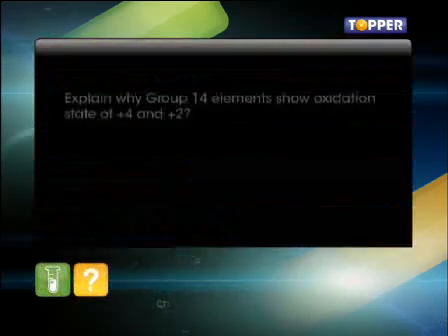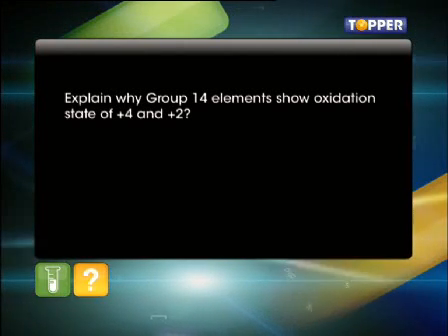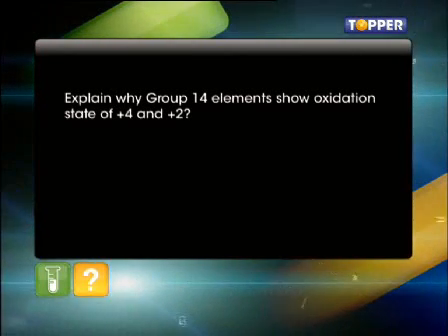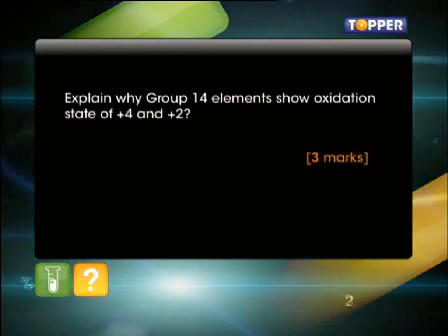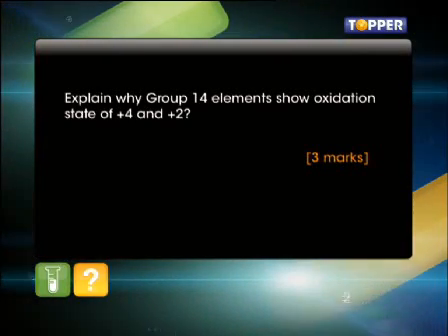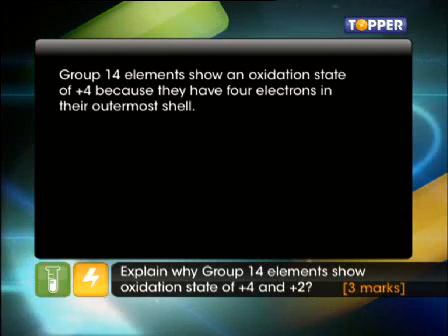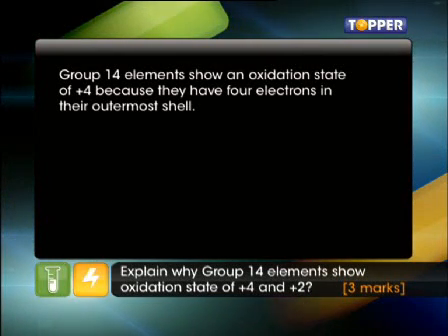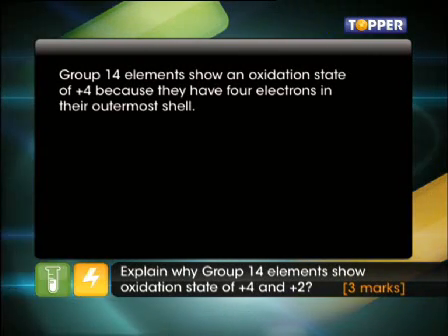Consider this. Explain why group 14 elements show oxidation state of +4 and +2. This can come in your exams as a 3-mark question. Well, the ideal way of answering this question is: group 14 elements show an oxidation state of +4 because they have 4 electrons in their outermost shell.